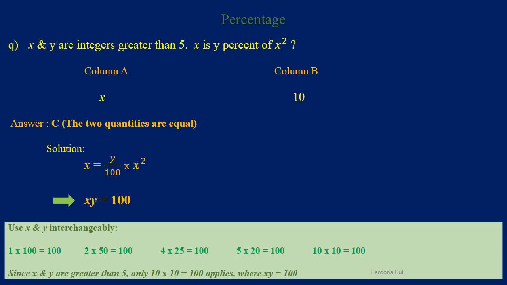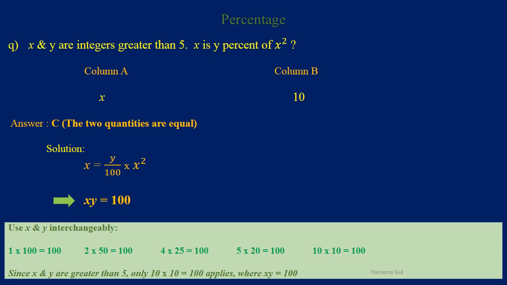Now we have been told that x is y% of x squared. If we write it down in an equation form, we'll get x is equal to y over 100 into x squared. Now if we have the same value on the left and right side of the numerator or denominator, we're going to cancel it out, right?